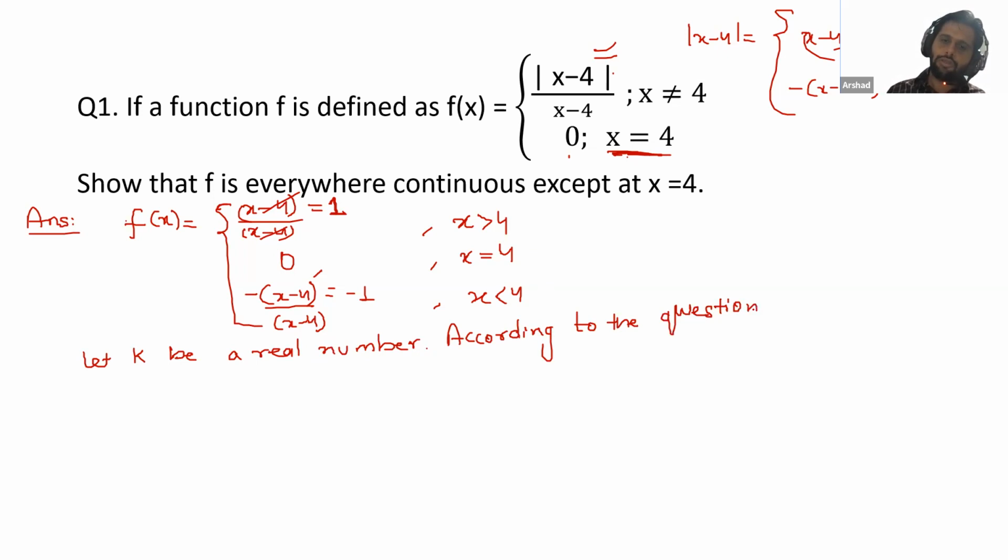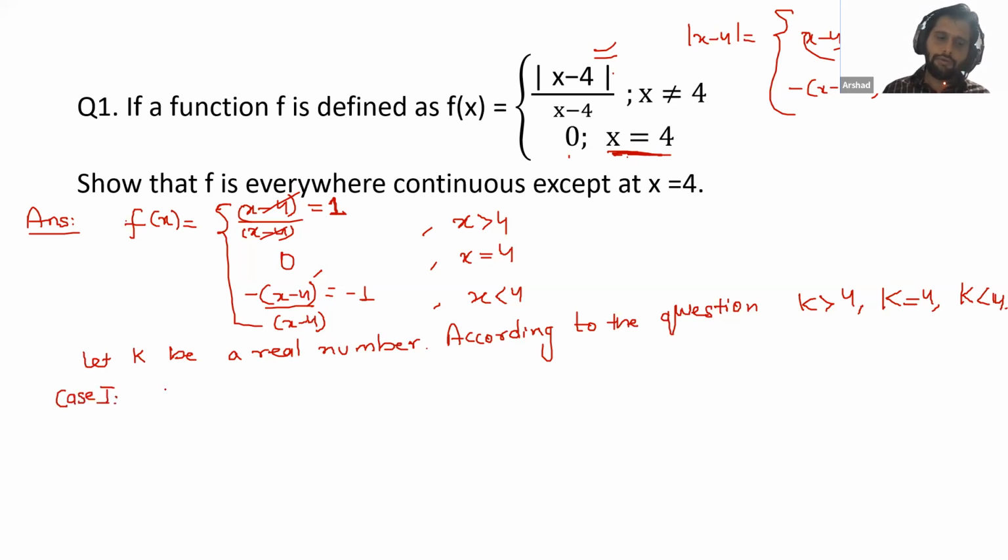According to the question, k is greater than 4, k is equal to 4, and k is less than 4. So we have assumed a value k, where x is given we have taken k. Now we will divide this into cases.